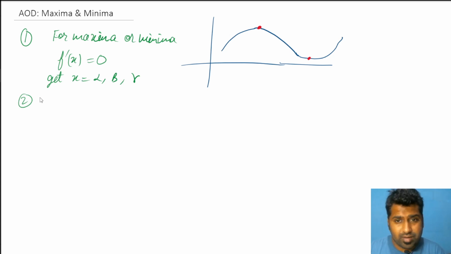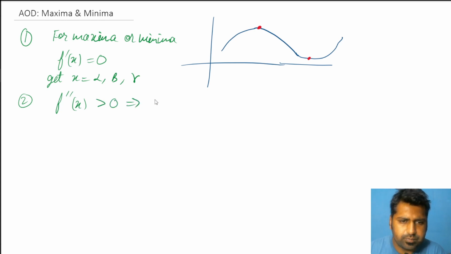Now in order to get the final result, whether it's maxima or minima, you have to do a second order derivative test, f double dash x. Suppose it is coming greater than 0, so we'll say it has minima. Or if f double dash x is coming less than 0, then maxima.